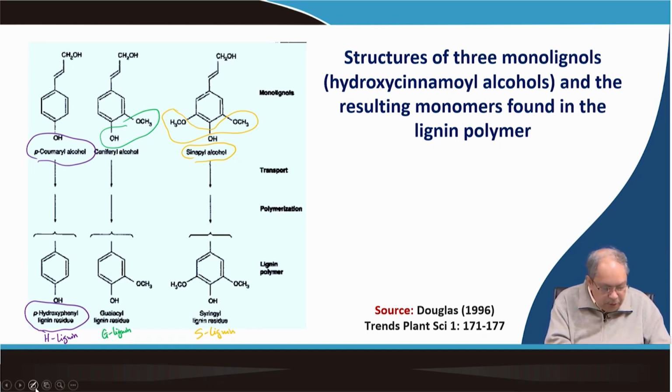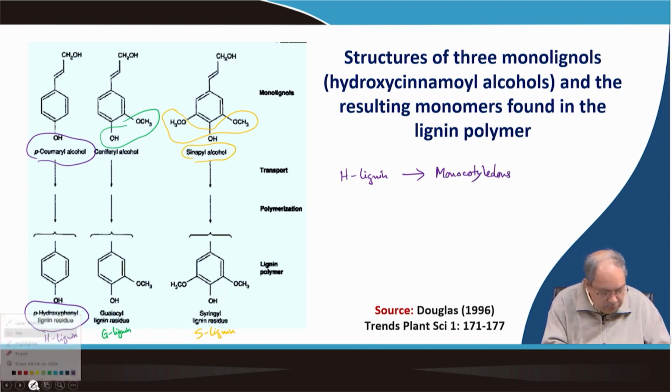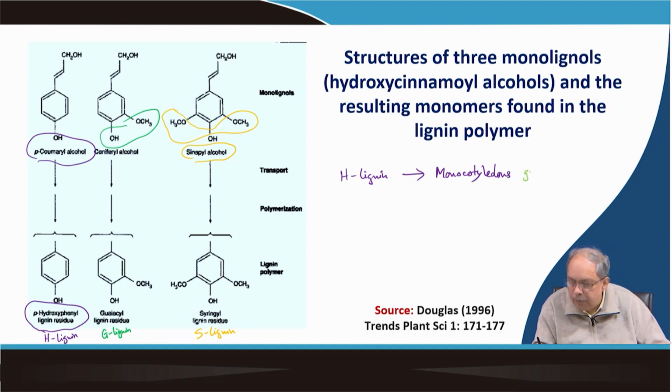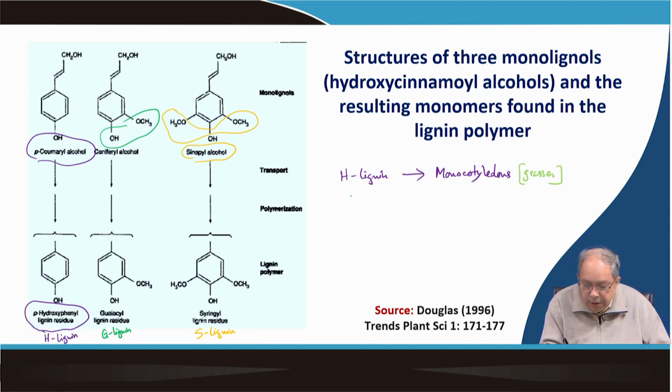Now, one point I must mention here is that H lignin is dominant in monocots, for example grasses. Whereas, G lignin is found to be the only lignin in conifers, that is gymnosperms.